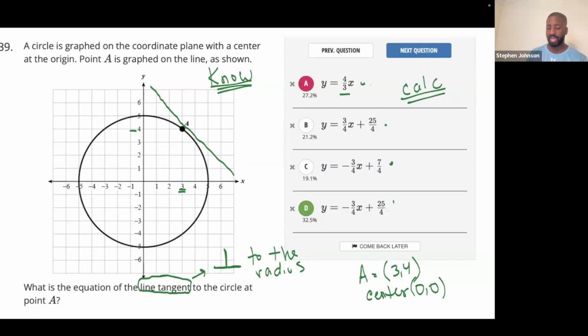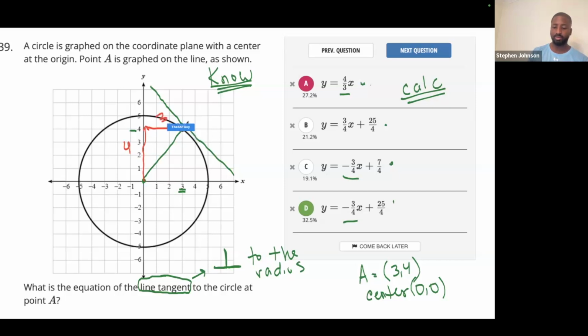Choice C and D both have -3/4. So it may be hard from just a slope perspective to know that. But if this is the center, and then this is a radius, we can actually figure out the slope. So the slope there is up. Use a different color.